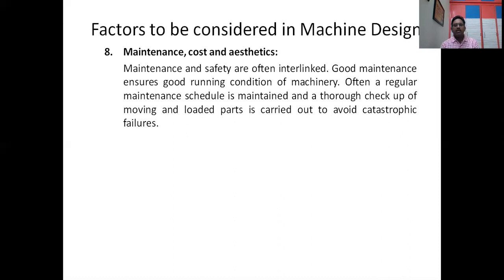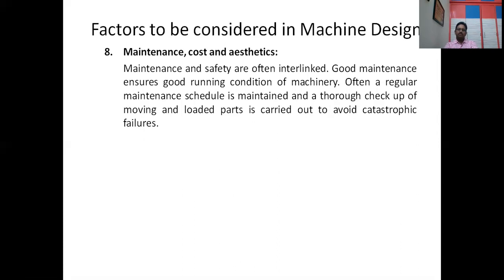Often a regular maintenance schedule is maintained and a thorough checkup of moving and unloaded parts is carried out to avoid catastrophic failure. So we know that members or parts that are subjected to wear and tear should be maintained properly. That means we have to check whether those parts have undergone wear and tear, and whether they can still be used or not. So this checking up is nothing but maintenance.